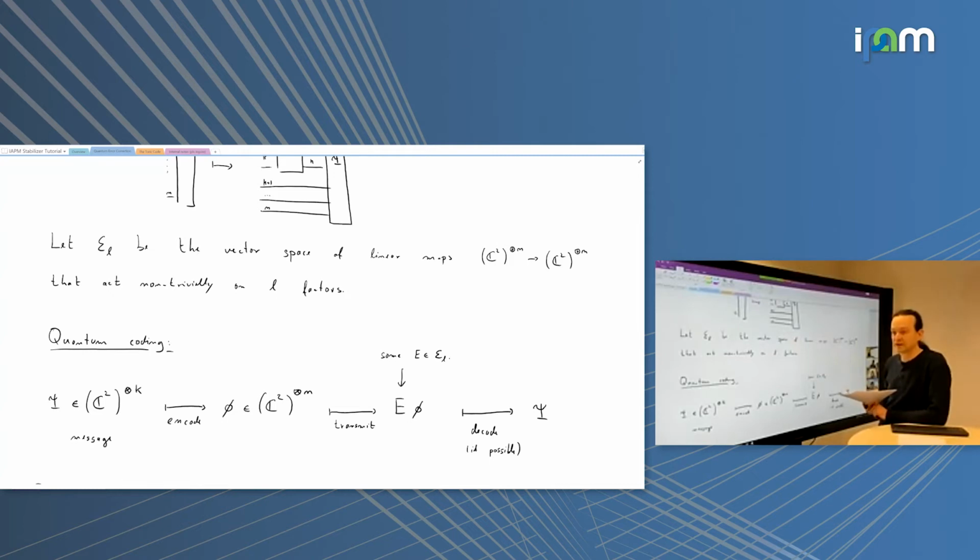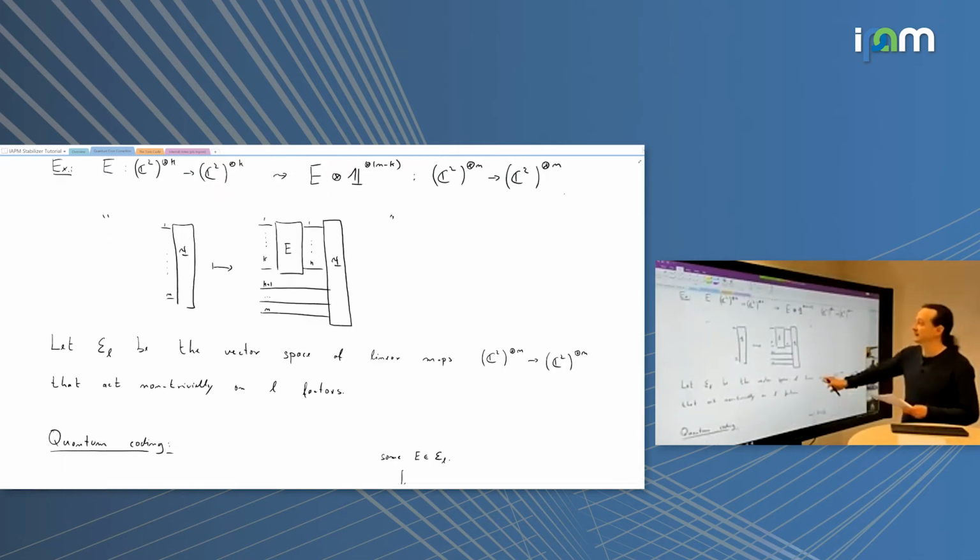Errors are linear maps, and the set of all linear maps is a vector space itself. If you take those that have a decomposition like this, you can take the linear span, and so you get an entire vector space of error operators. This will become important a bit later. It's a structure that is not there in the classical case, but is here in the quantum case. So indeed, it is a vector space.